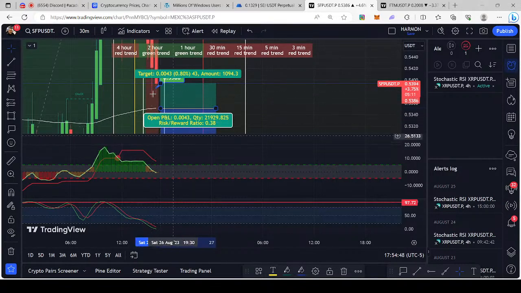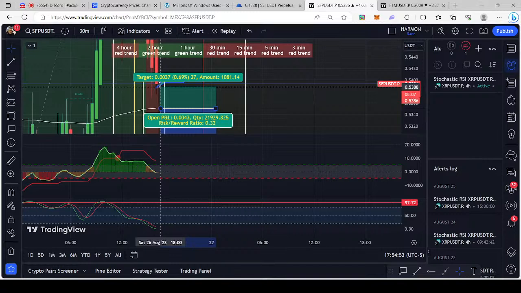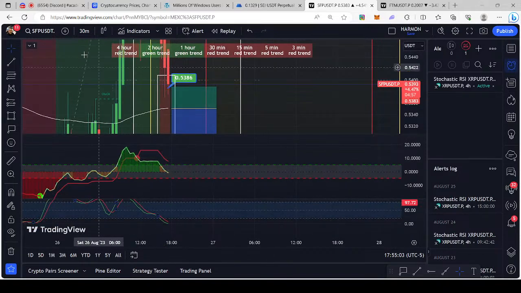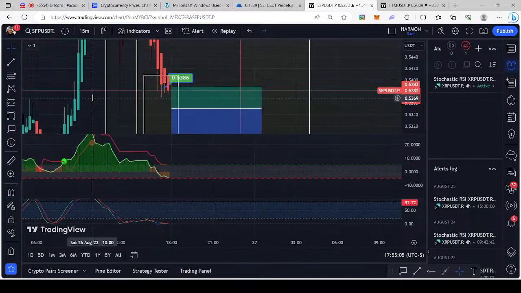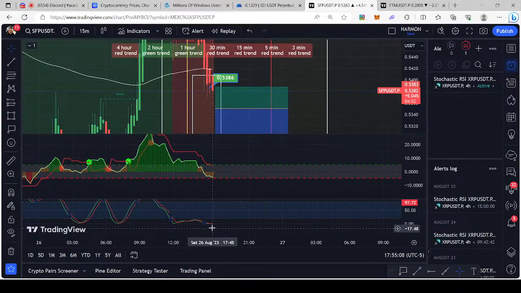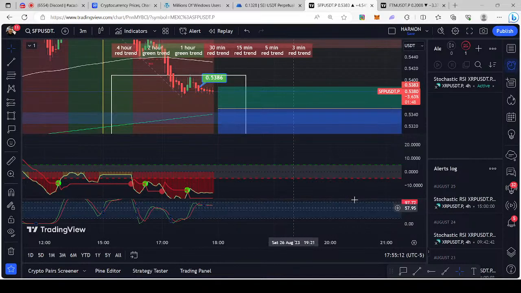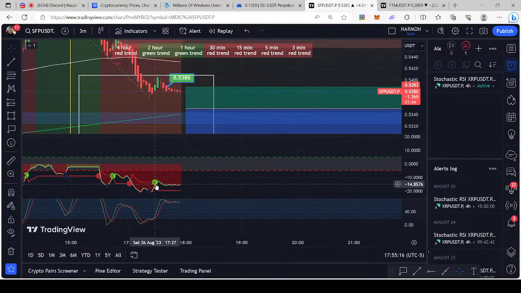If it breaks through that, you should be good, but that should be your target zone right here. You have a little bit of time because you do have your 30 coming down, but volume is low. So all in all, man, I would just protect that. The only thing I would do different is I would let the 3 minute play out, and once the 3 minute has a red moon, that's where I would enter.